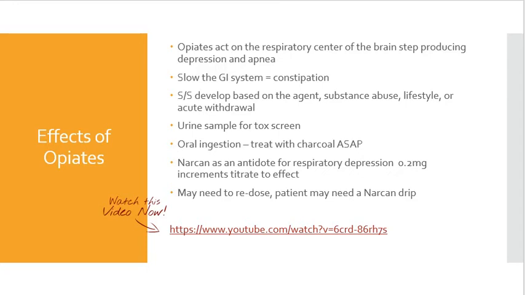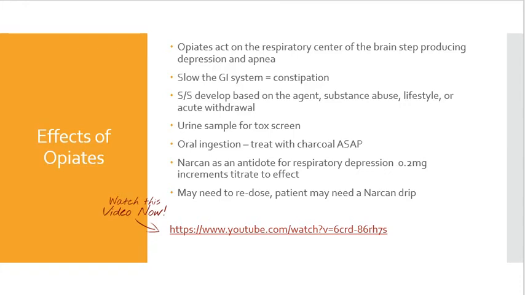Although there are significant differences among opiate agents, all act on the central nervous system, producing variable degrees of sedation, euphoria, analgesia, and amnesia. Their psychic effects make opiates popular drugs of abuse.